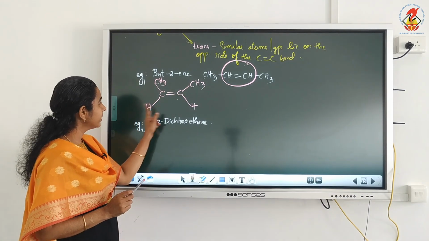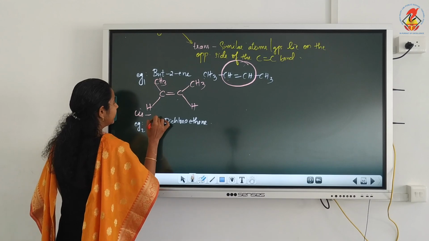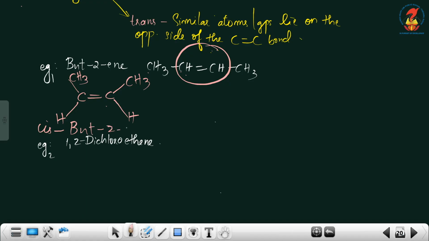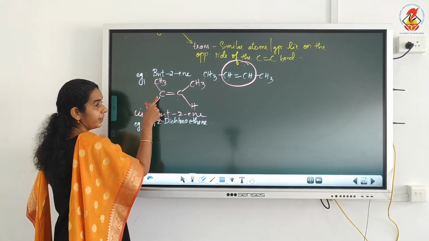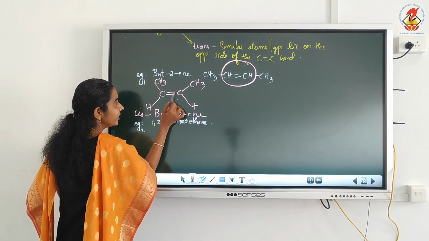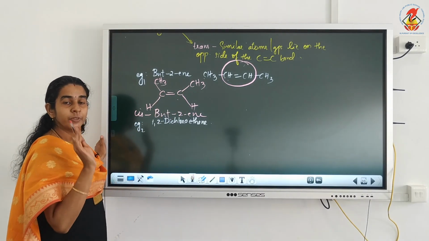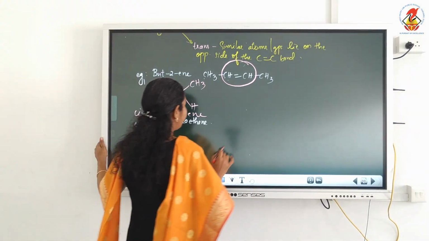Methyl group on the same side, hydrogen also on the same side. So this will be called cis-but-2-ene. Similar groups lie on the same side, not on the same carbon. We have to see both the double bonded carbon atoms.